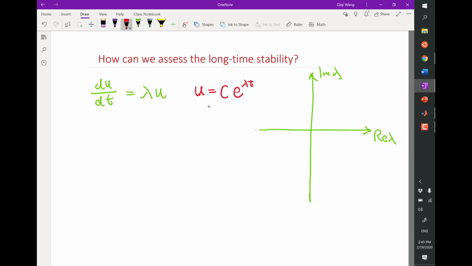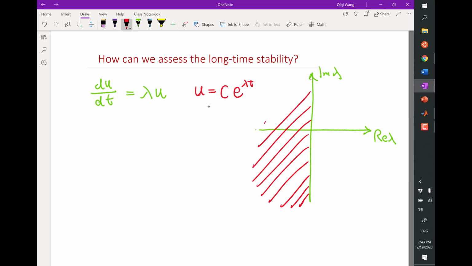And we know that for negative real part, the solution is stable. So let me just shade the stable region of the analytical solution, right? It's over here. Okay, so the entire left half of the complex plane is the stability region of the analytical differential equation. So that's the stability region.